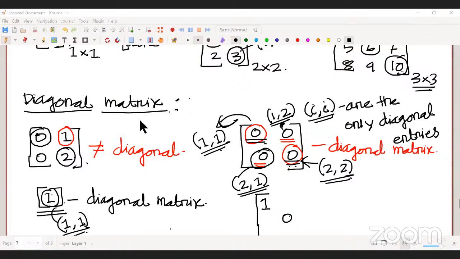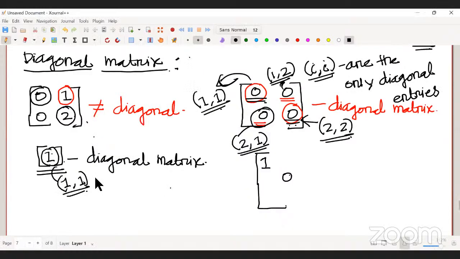So the definition says that when the matrix has a non-diagonal entry, then that entry has to be 0. Since this matrix doesn't have any non-diagonal entries, this is vacuously true. That is my point.